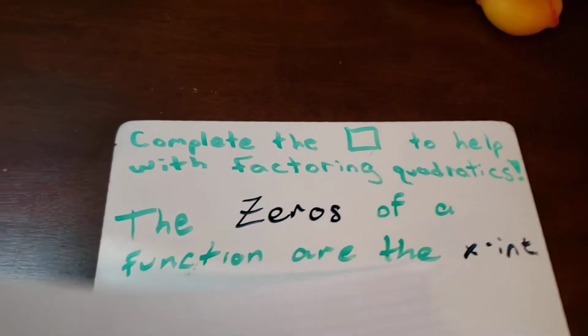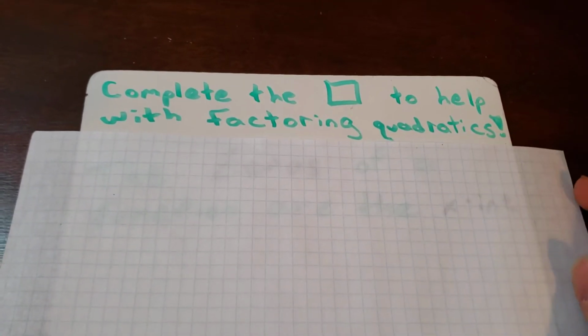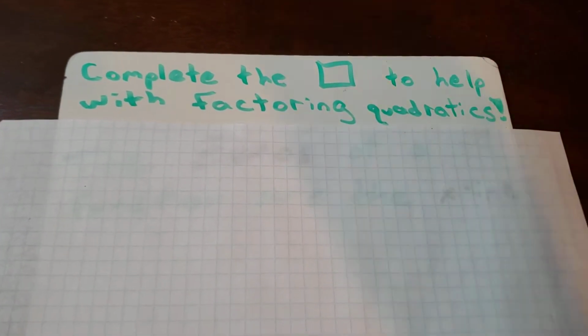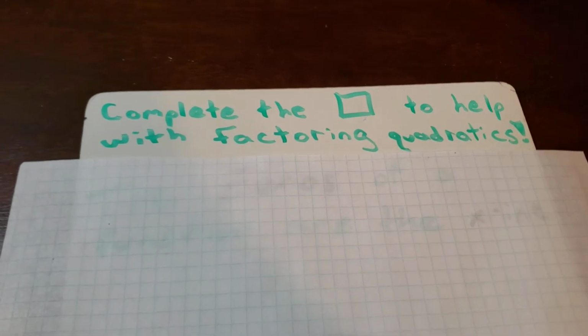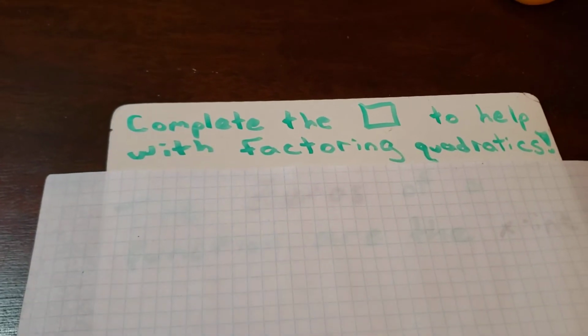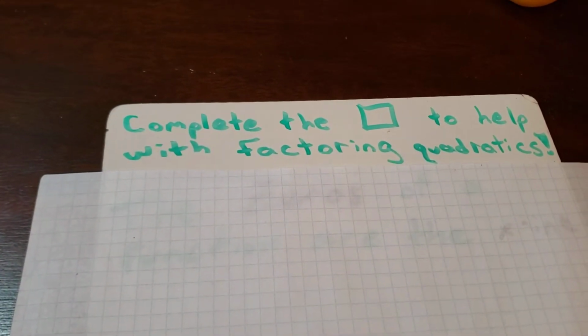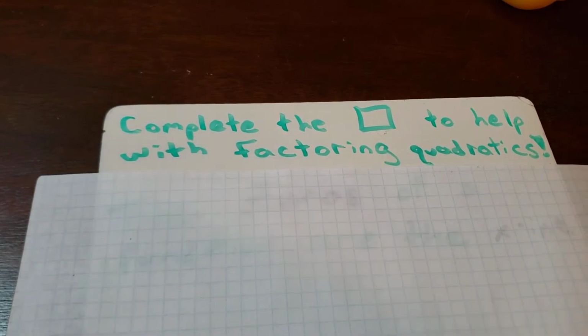I did it on a whiteboard. Hopefully this works out for us, but here's what it looks like. The reason why we complete the square, I was thinking about this after my video Friday, is to help factoring.